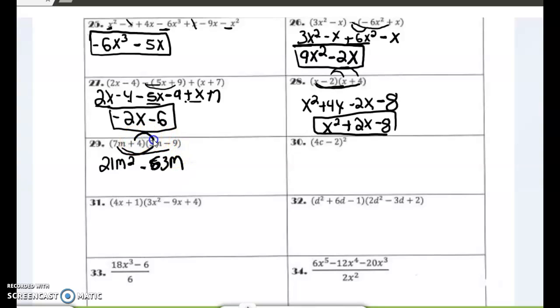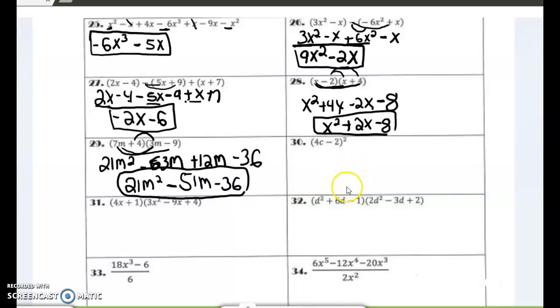Then we got a 4 times 3, which would be a positive 12m. And then negative 9 times positive 4 would be a negative 36. Combine like terms in the middle, which will give me a negative 51m minus 36. All right.